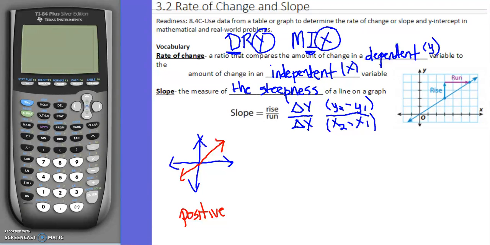Now we have also a negative slope. Our negative slope is going to look like this.